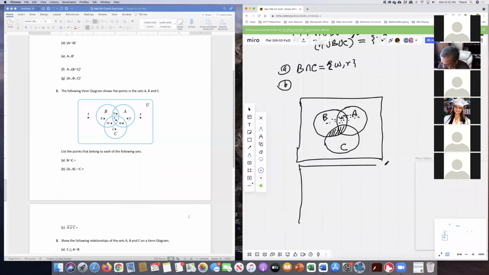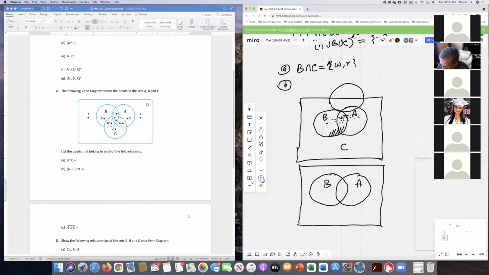We can approach it slightly differently using colors. A is this, B is this, and so B and A are these. And if I combine B and A, then I'm shading A union B. Everything in red is A union B. Now, C is right here.